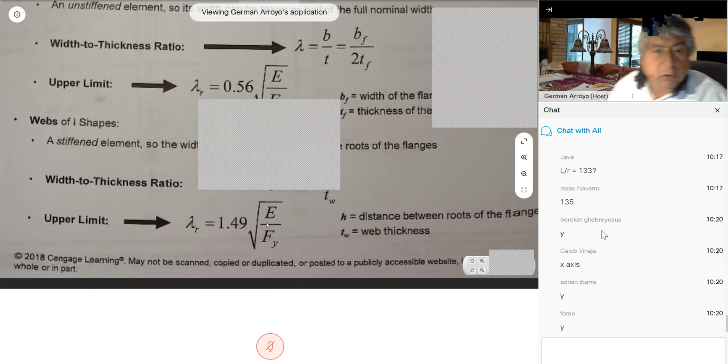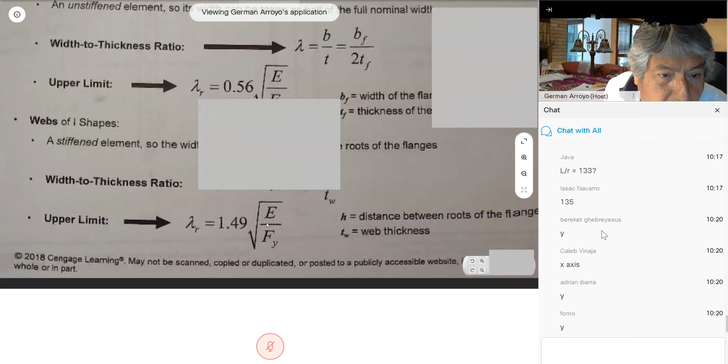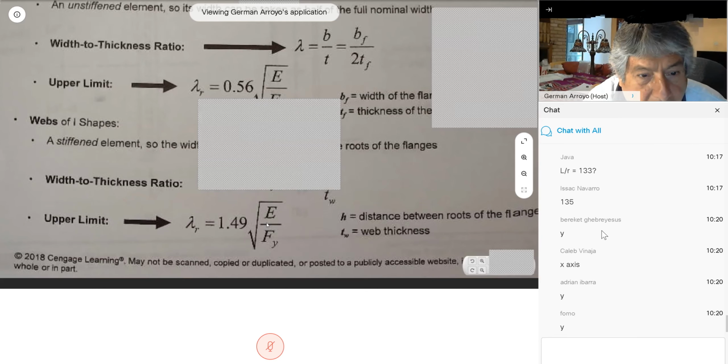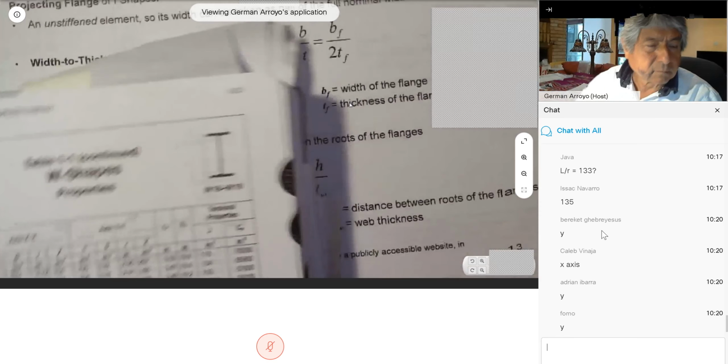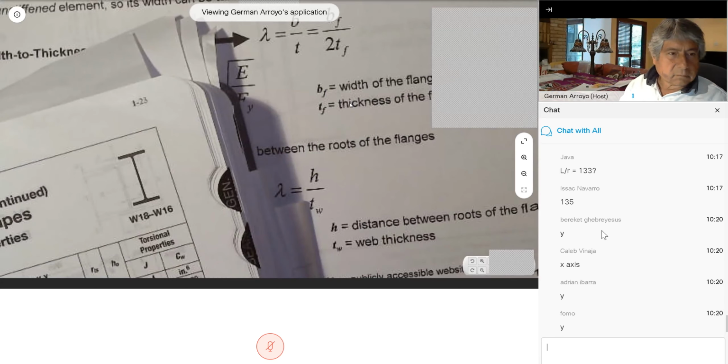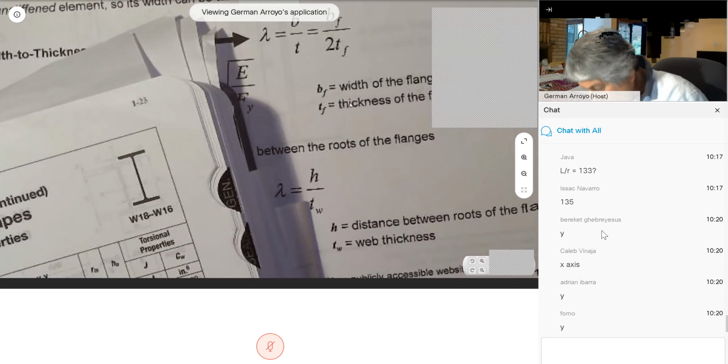I want you to go to page 1-23, one example. Chapter 1, page 23.